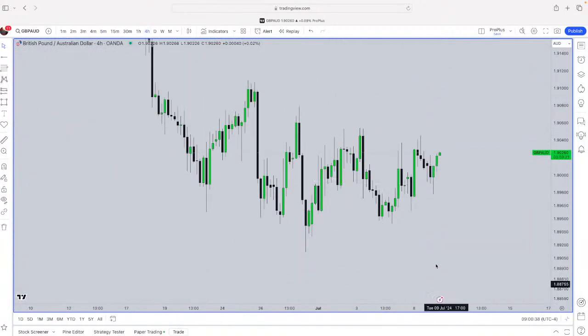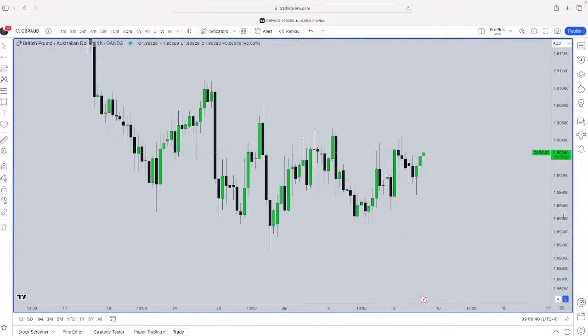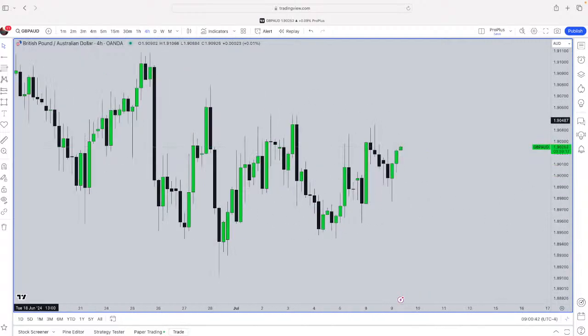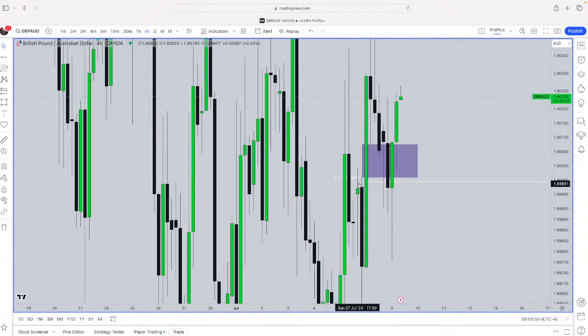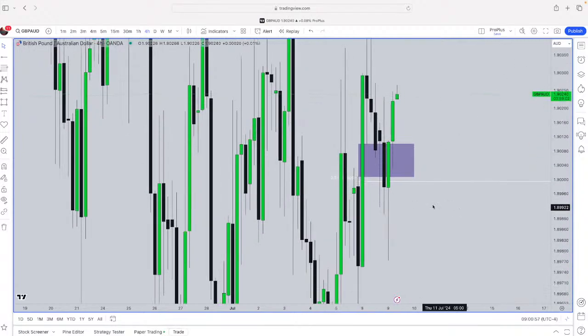Yeah, I don't really like this, it's very choppy for me. We can see fair value up here, but it hasn't really respected it. See there, that midpoint. It's closed below it, which is not really what you want to see.